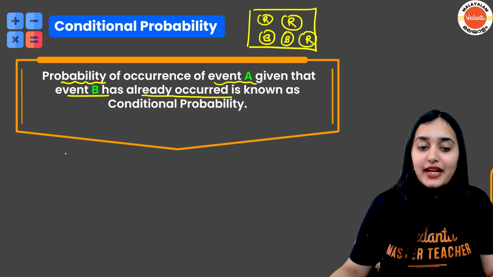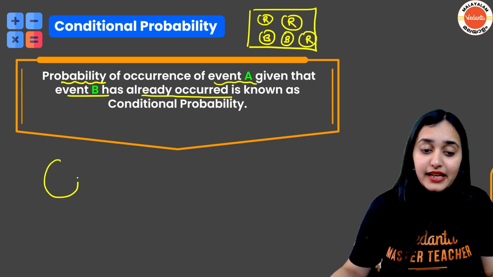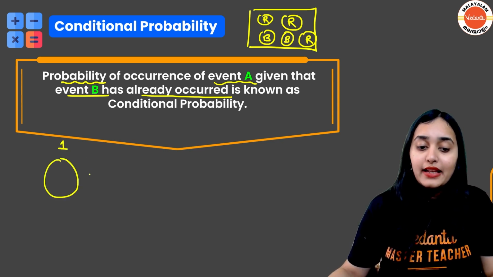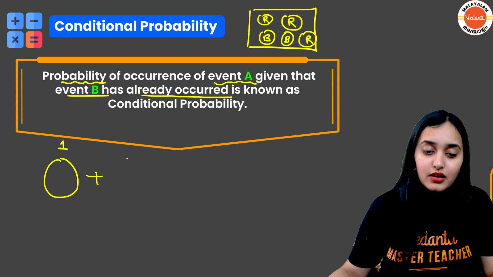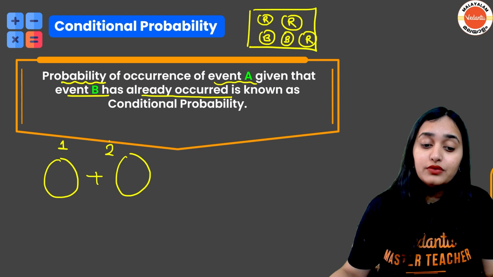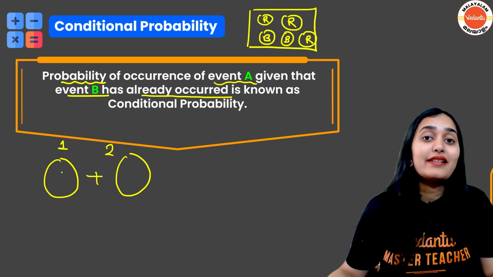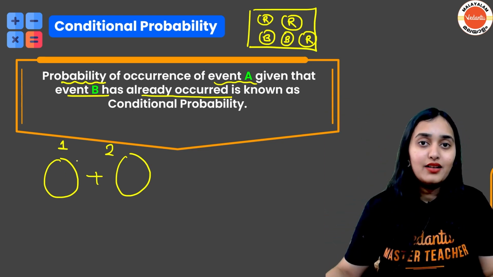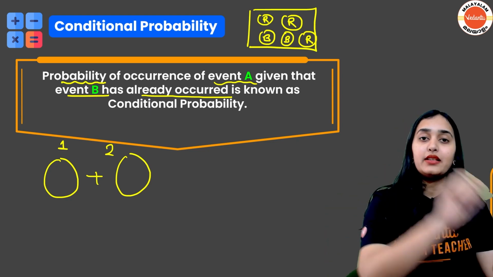Okay? And if I tell you that I am taking out a ball, and then again I am taking out another ball, and I am not replacing the balls, I am not putting the balls back. I am taking one out and then I am taking the second one out.